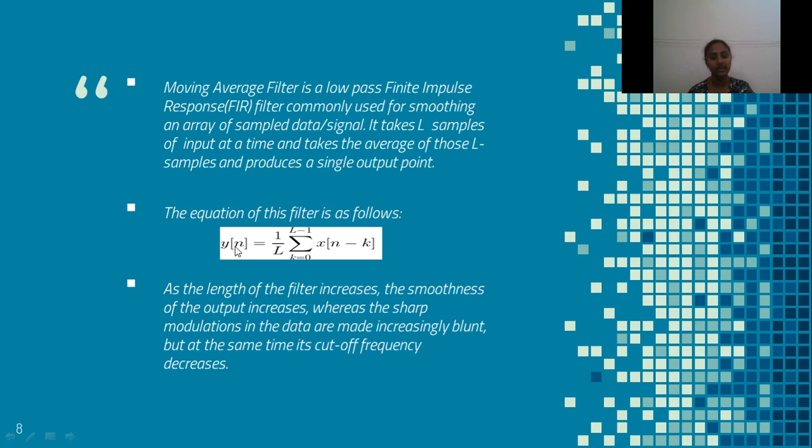But at the same time, its cutoff frequency also decreases, because we are smoothing the array, which means we are taking out the high frequency noise components. So the cutoff frequency also decreases for this smoothing of the PPG signal.